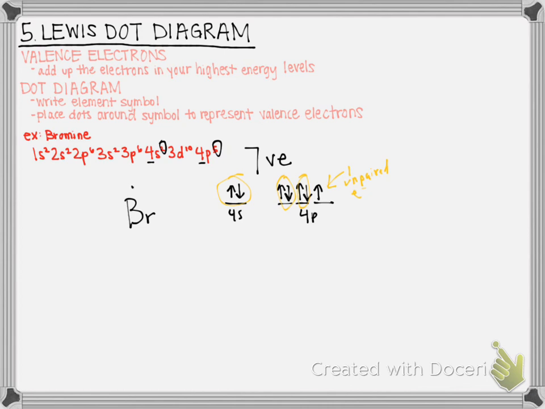And so you've got 1 pair, 2 pair, 3 pair, and 1 unpaired. And if you count up your dots, you've got 7 dots or 7 valence electrons. When you draw the dots, pretend like you've got a box around your element, so you want to put dots on each side of the box. Don't put them in a circle, or don't put them all together. You want them on each side.